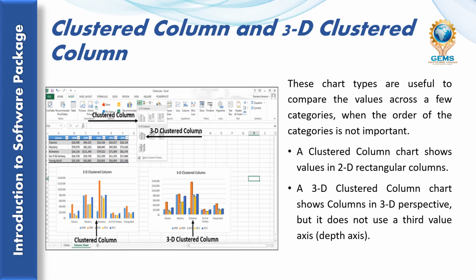The clustered column shows values in 2D rectangular columns, as you can see clearly in this image. The 3D clustered column chart shows columns in 3D perspective, but it does not use a third value axis, that is, a depth axis.